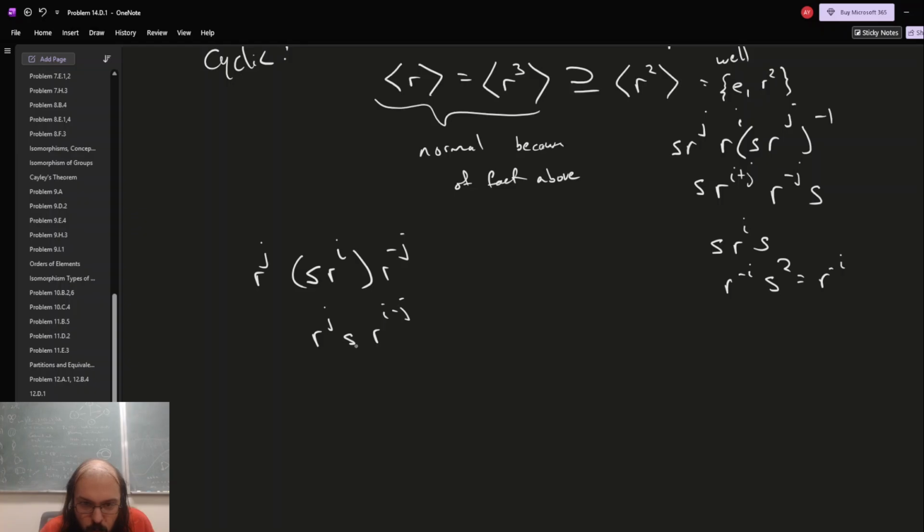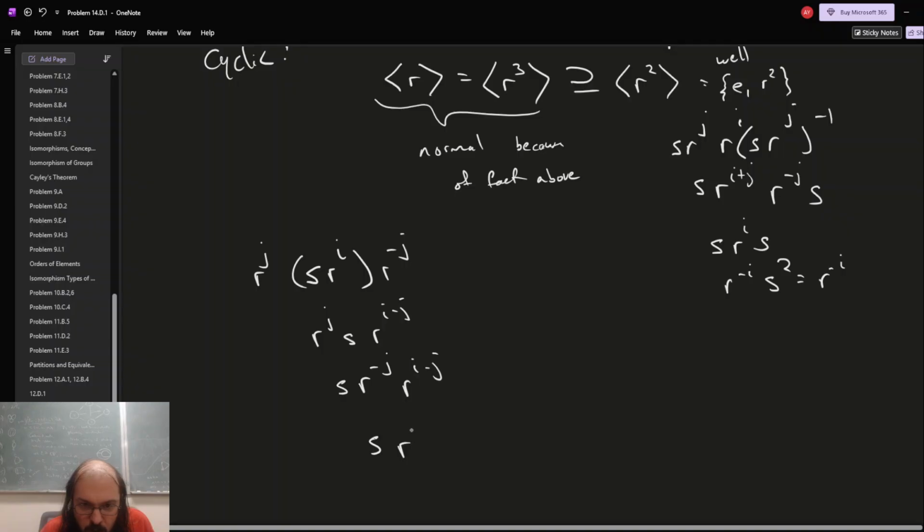And now using the rule, I can switch these guys and get r to the minus j, r to the i minus j. And that brings me to S r to the i minus 2j. And because this generates a group, Z mod 2Z, this has to either be E or itself. It's definitely not equal to E, because E is do nothing. This is some kind of reflection.